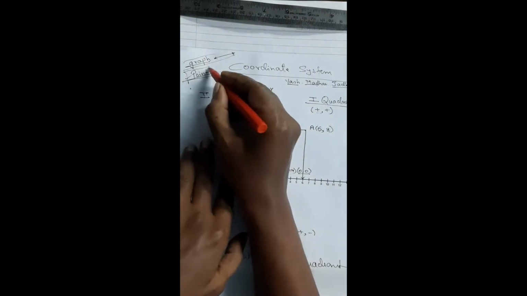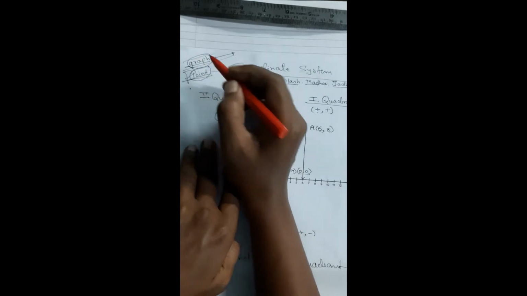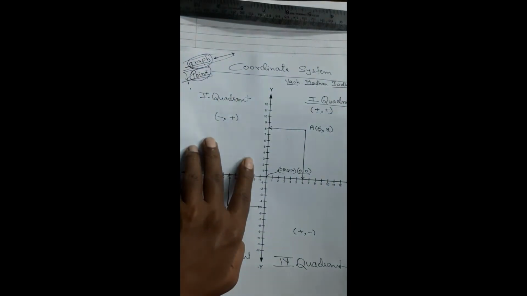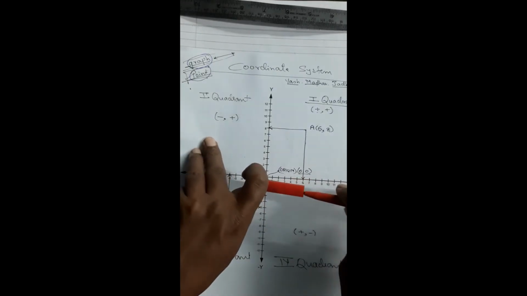One is when we are dealing with point, and the other one is when we are dealing with graph. These are the two different topics that we have to deal with when it comes to coordinate geometry.